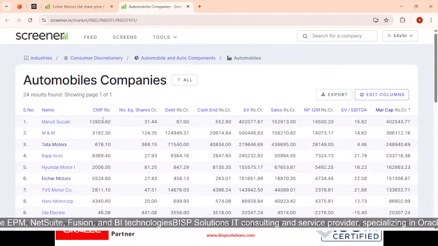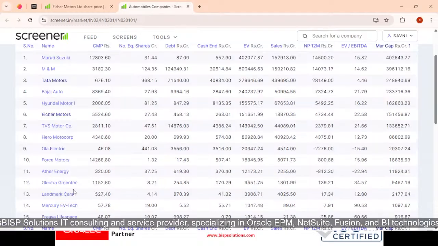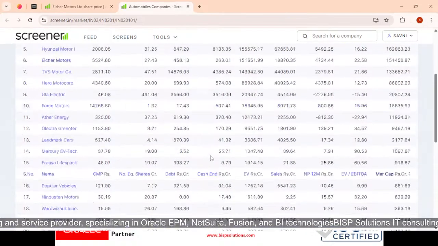So we have Maruti Suzuki, M&M, Tata Motors, Bajaj Auto, Hyundai Motors, Eicher Motors, TVS Motor Company, Hero MotoCorp, Ola Electric, Force Motors, Ather Energy, many are there, right?